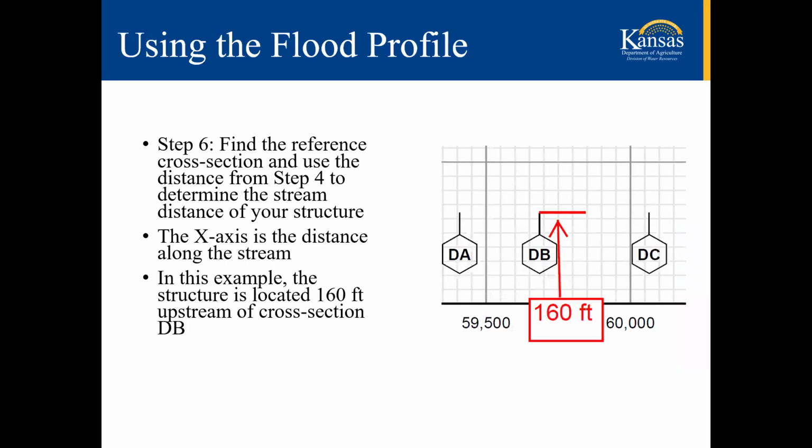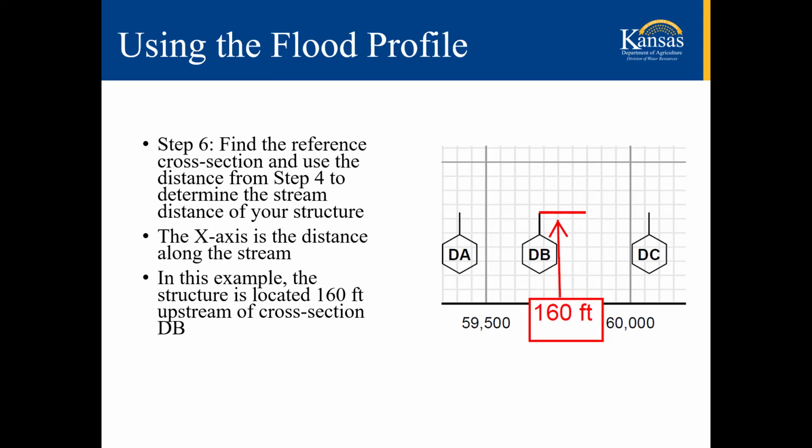So make sure that you're using the appropriate flood profile and then find where that cross section is on the bottom. The x-axis is the distance along the stream. You want to find the correct cross section, so make sure you're using the right one, and then measure that distance, which again in this example is 160 feet, upstream of that cross section on this graph.